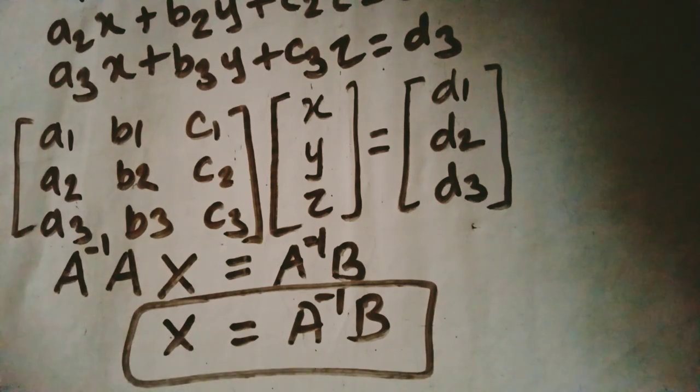Inverse you can find using the adjoint method or the matrix method. That inverse you have to substitute here, multiply by the B matrix, and you will get the solution set of these linear equations.